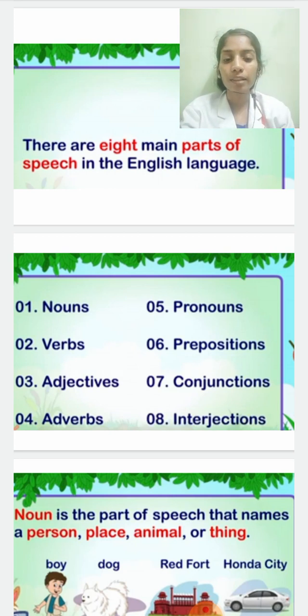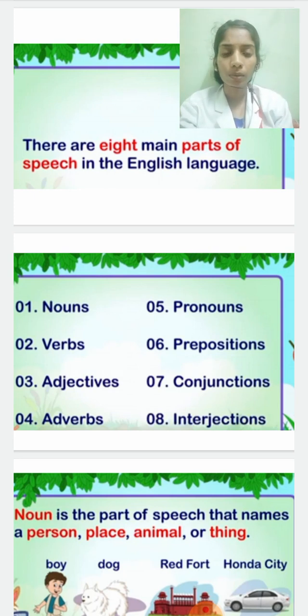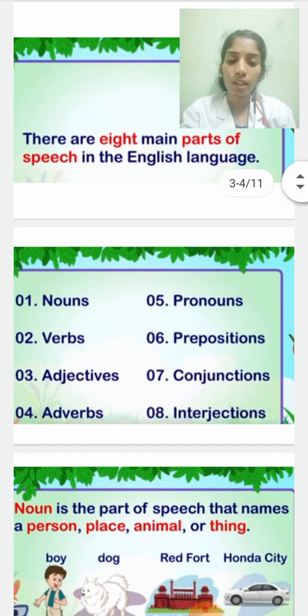That might be anything: prepositions, conjunctions, interjections. They are attached to these words. Without that marking, you can't know what is a noun and what is a verb. So never forget that.